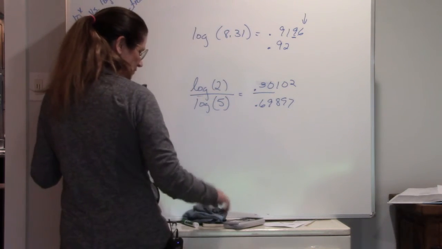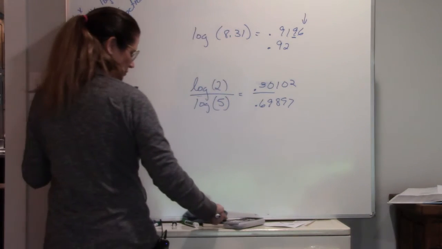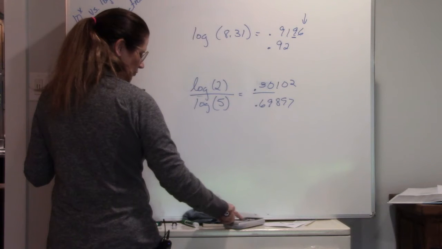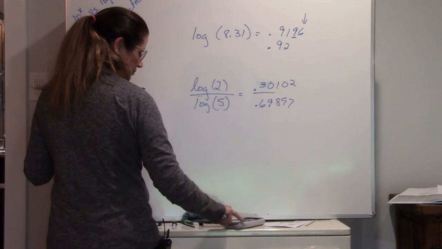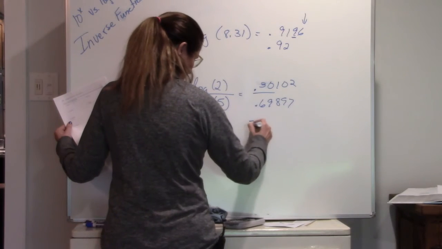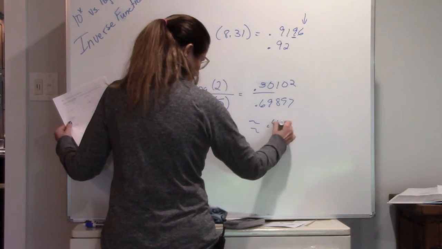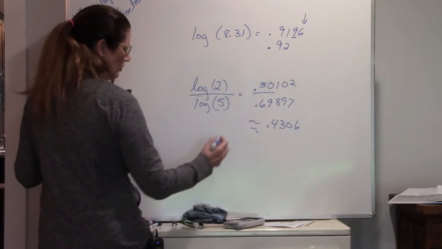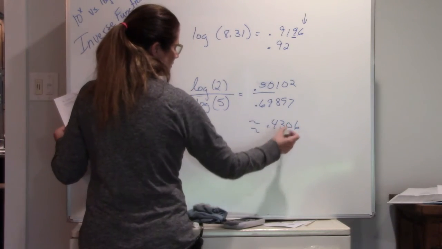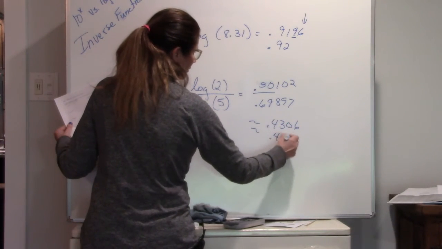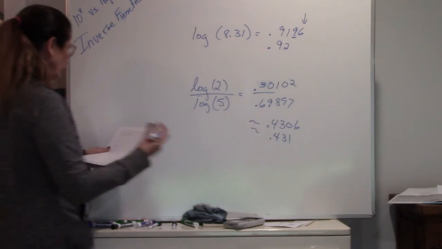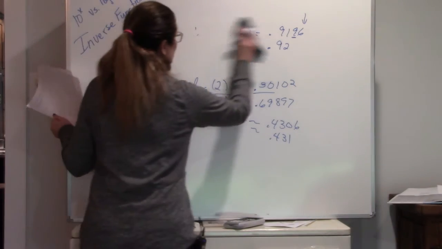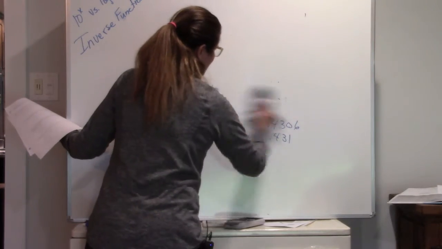So instead of doing each individual one, you can do log of 2, close it, divided by log of 5, close it. And you get about 0.4306, rounding to 3 places. The 6 makes the 0 go up 1. So it's 0.431. Okay? So make sure you know how to use your calculator.